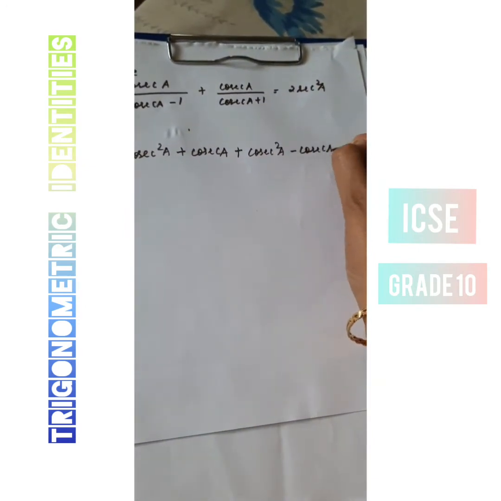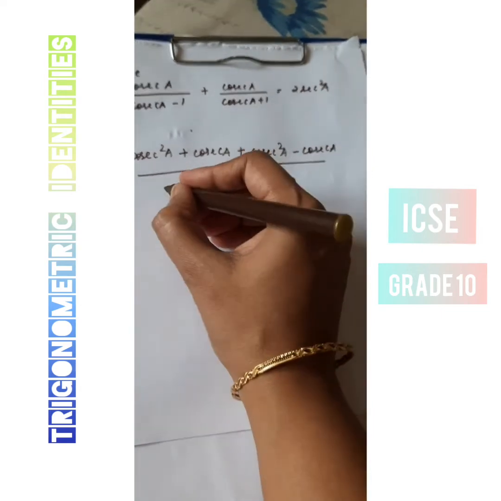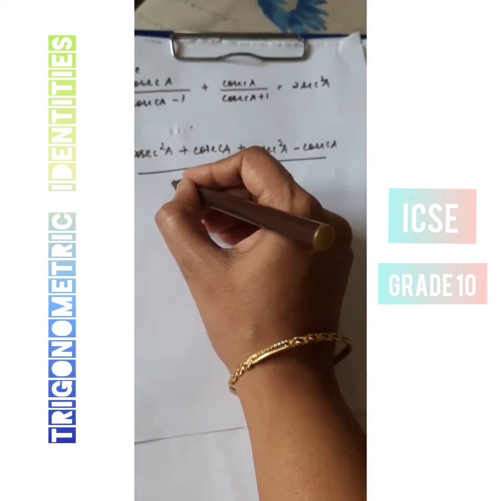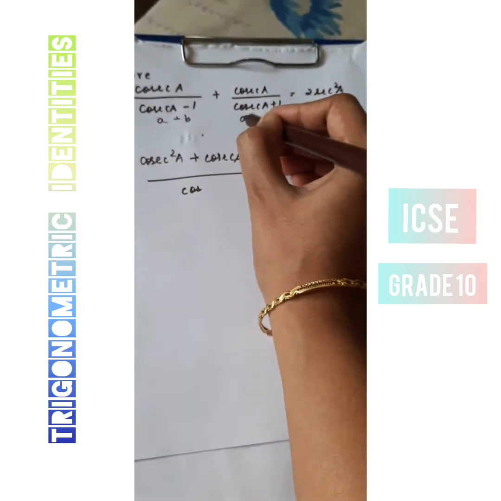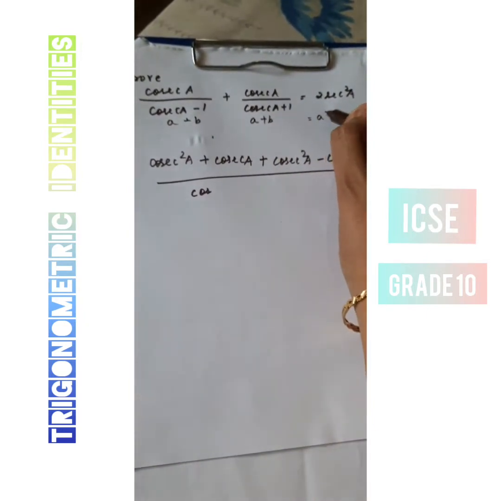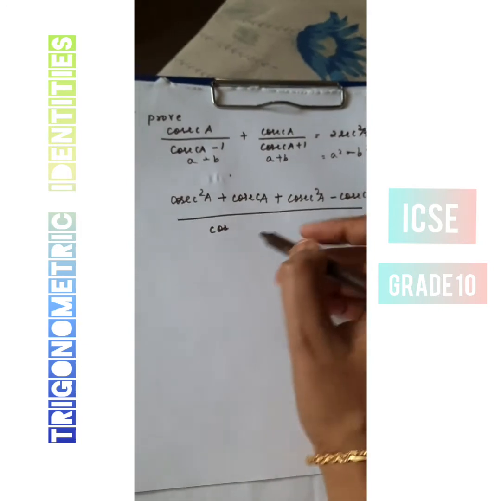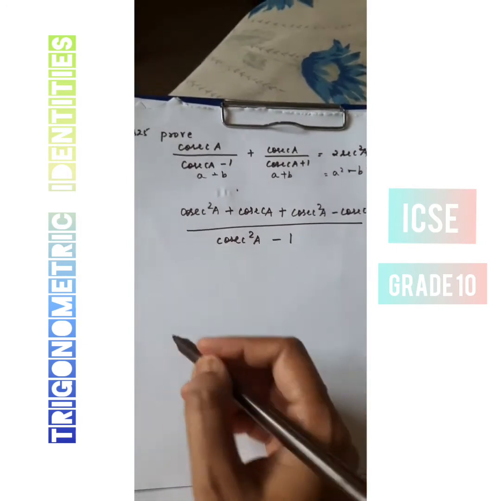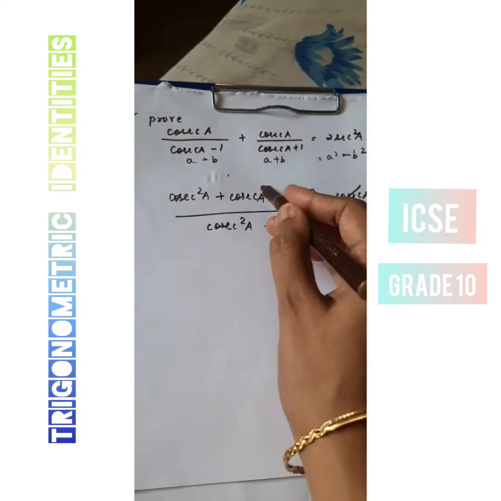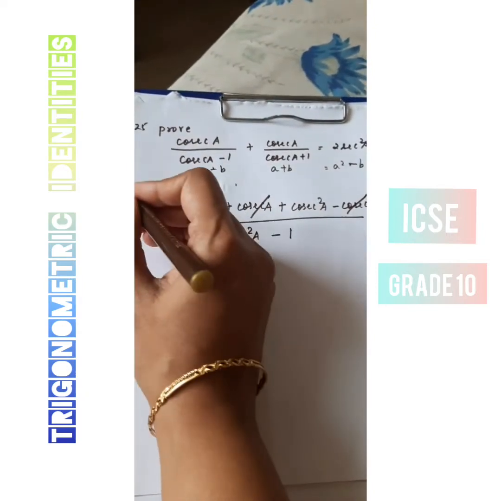So that's the numerator, and the denominator is again of the form a minus b and a plus b. So cosecant square a and b is 1, so we can write it as cosecant square a minus 1. And in the numerator both the cosecant a go off.